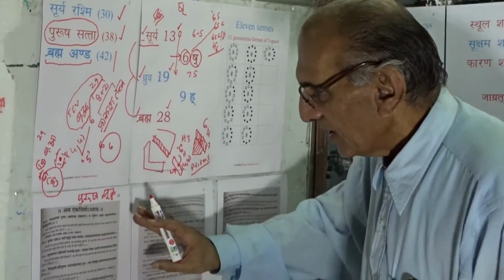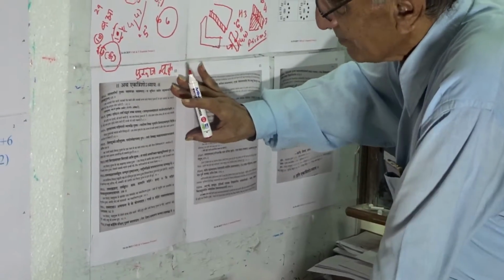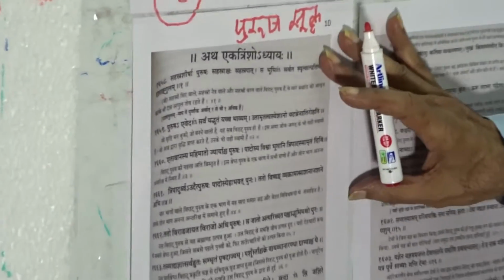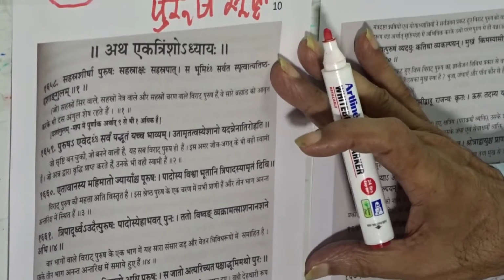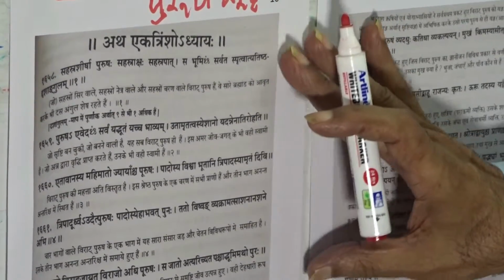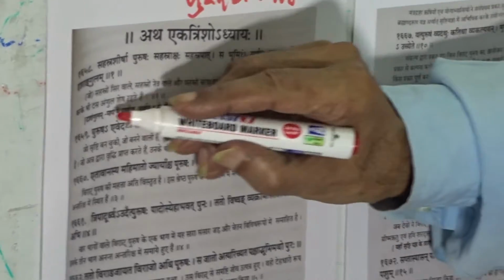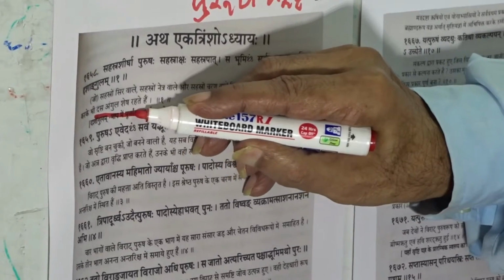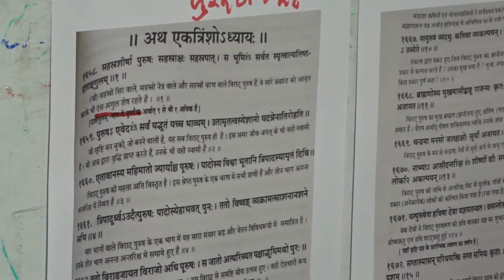Here the preservation is giving us an enlightenment that this Purusha Satta will be having 10 angul shesh.